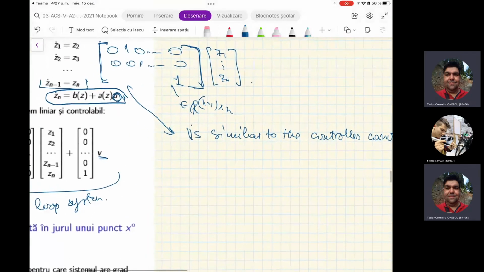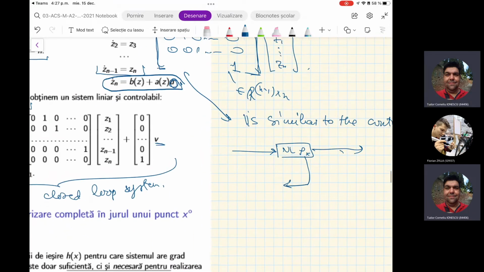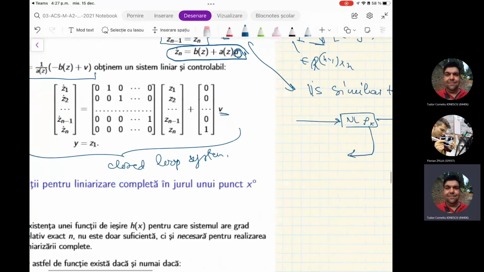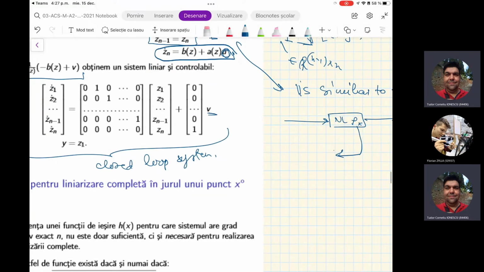So essentially, you get this. This is the nonlinear system in the state z, sorry, not the state x. And you do this, and you have the controller u.